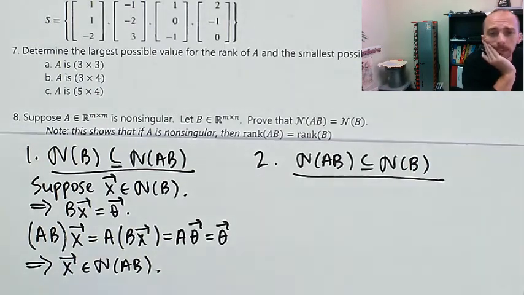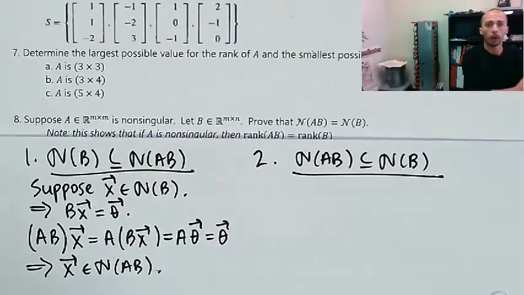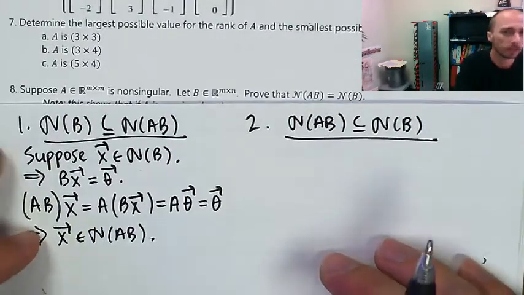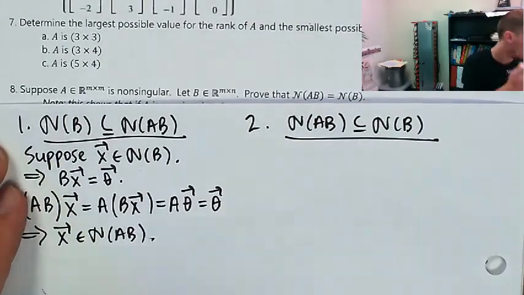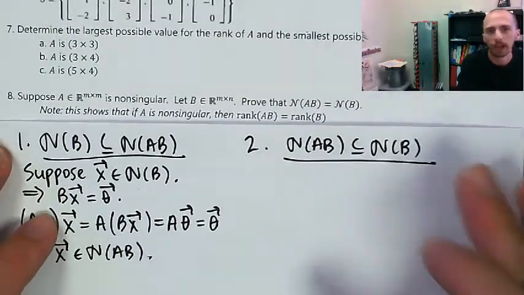I can't really see anything else. Maybe I'll pause for a second. Okay, no, I'm good. I don't think I needed to put pencil to paper. I just scratched it off to the side, and very quickly the conclusion fell out.